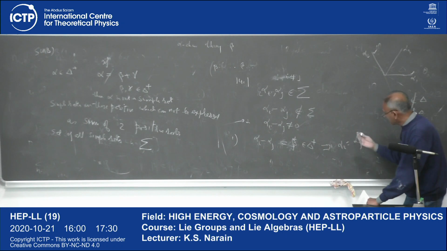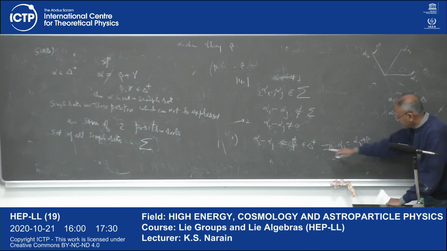Alpha j is a positive root, and beta is a positive root. But then alpha i could not have been a simple root, because by definition a simple root cannot be expressed as a sum of two positive roots. So this is not possible.